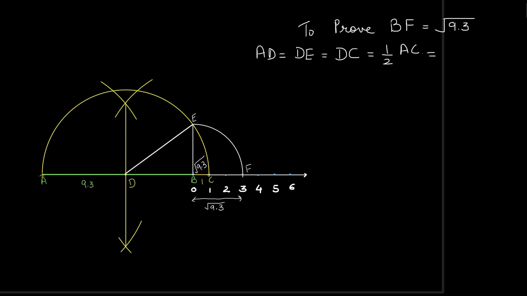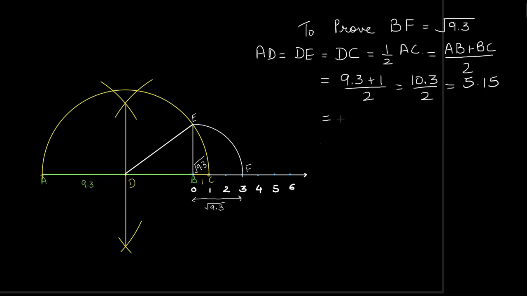This is equal to, in place of AC, we'll write AB plus BC upon 2, which is equal to 9.3 plus 1 upon 2, equal to 10.3 upon 2, equal to 5.15. Therefore, AD is equal to DE equal to DC is the radius of the arc AEC.